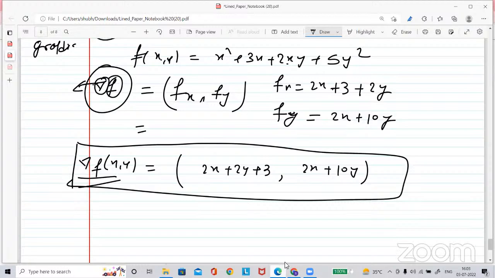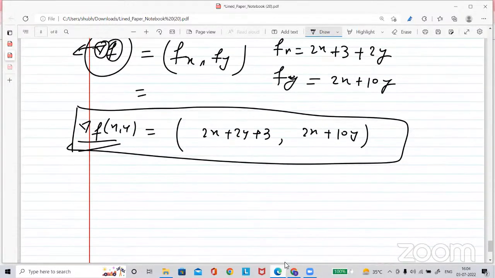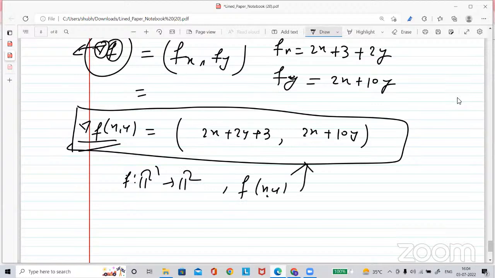So what is the use of this gradient? Why are we trying to find it? The gradient will help you find the directional derivative of the function. Suppose we have the same function f from R2 to R, defined as above.